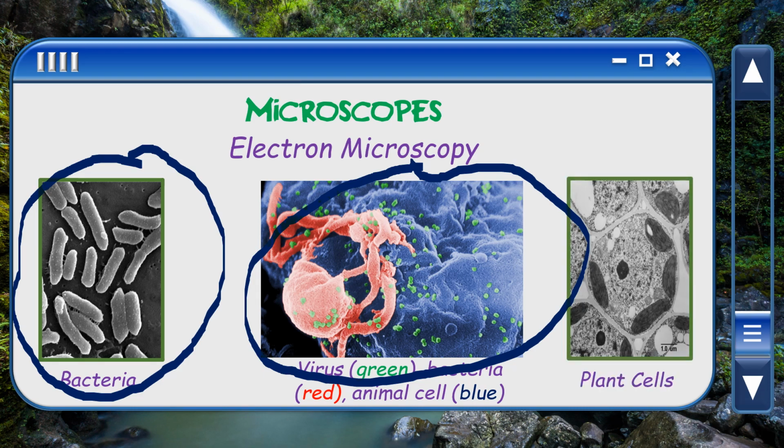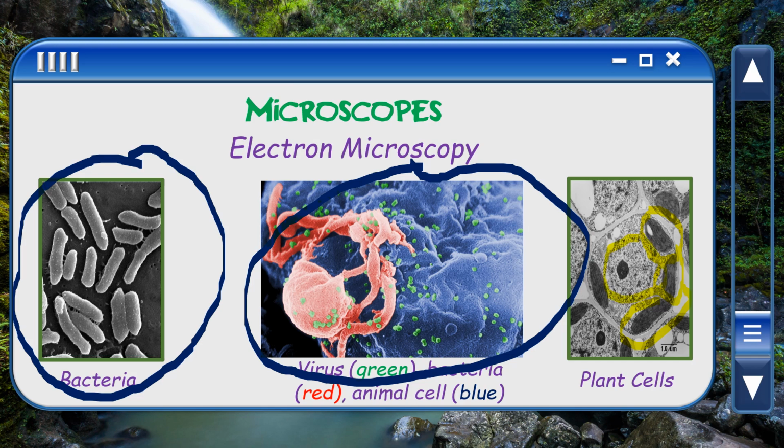And if you look at the plant cell, there are certain things that you can see. For example, we can see chloroplasts. We can see the vacuole in the center.